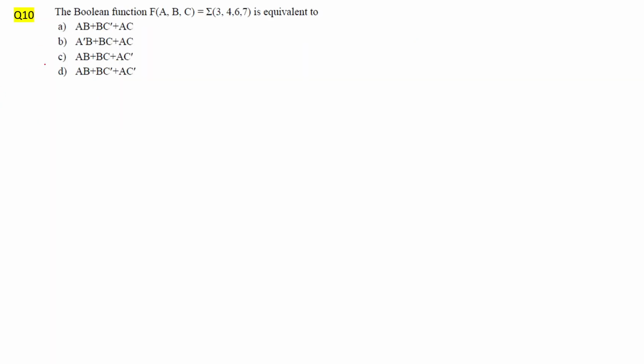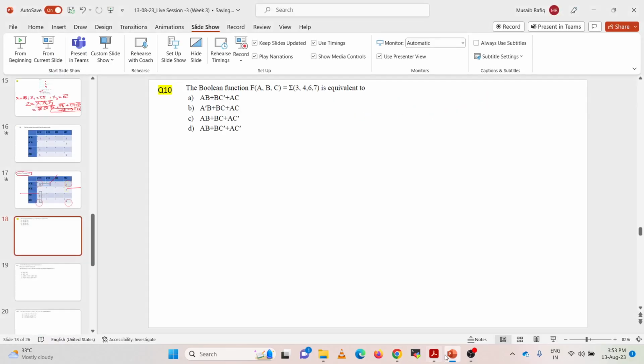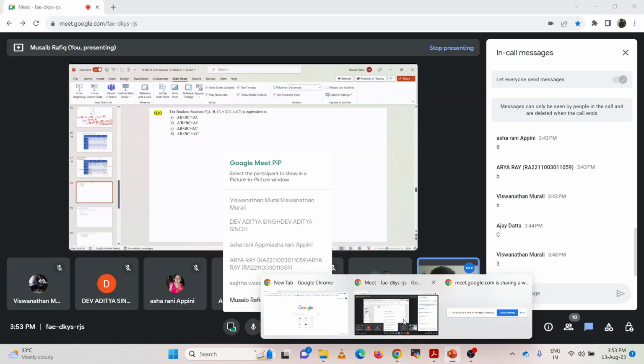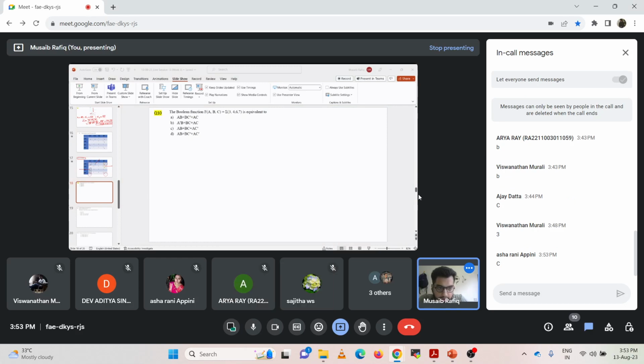The Boolean function f of abc equal to summation of minterms 3, 4, 6, 7, and you have to write down what it is equivalent to. One of the students has already done it. I expect others to also do it. Kindly write down your answers. Do it patiently.